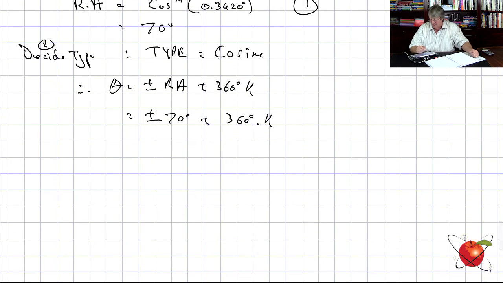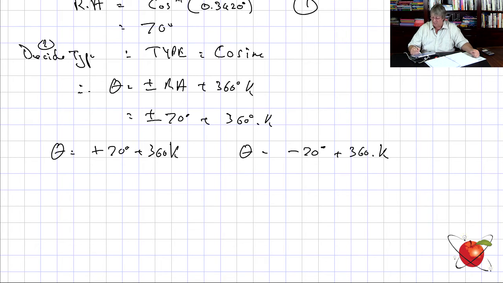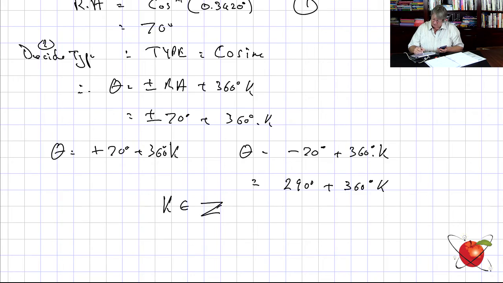There are two. You could leave it like that. So theta is equal to plus 70 degrees plus 360K, or theta is equal to minus 70 degrees plus 360 times K. Please remember, minus 70 degrees could also be written as plus 360 minus 70, which is equal to 290. And put my degree signs, K an element of integers.